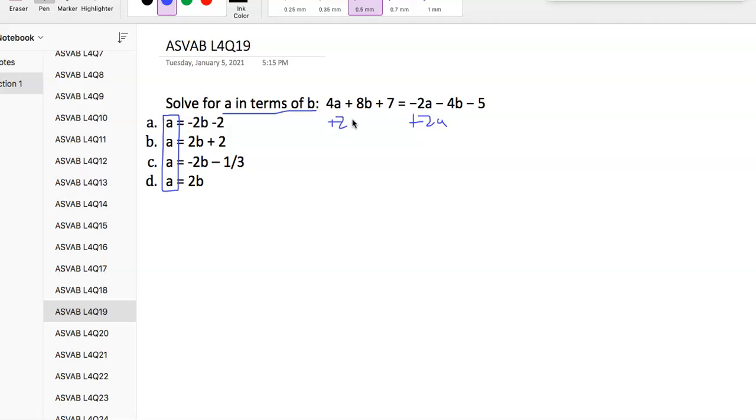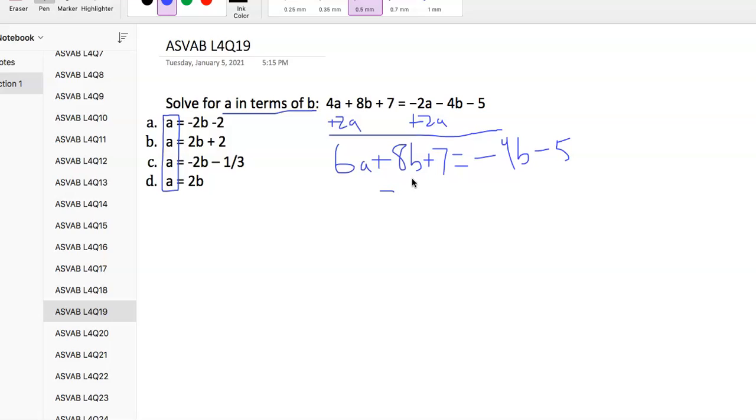to both sides. Now there's no A's on the right side, so we'll go 6A plus 8B plus 7 equals minus 4B minus 5. Then to get rid of all this stuff, we're just going to do this all in one big swoop.